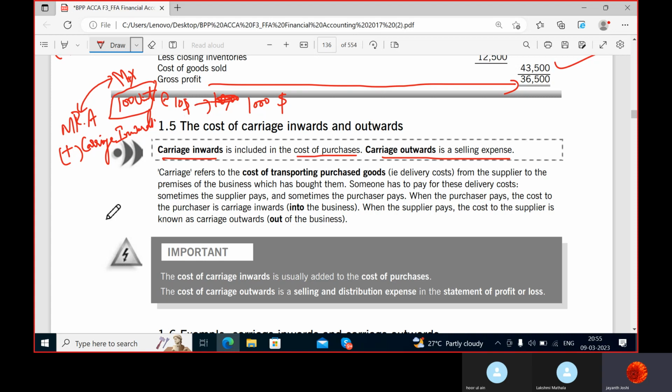Yes. For example, if I just take one box. Let's say Mr. A is taking one box from Mr. X and that one box costs $10. Now Mr. A is paying $2 to the transporter to deliver this box to him. So $12 he is incurring.